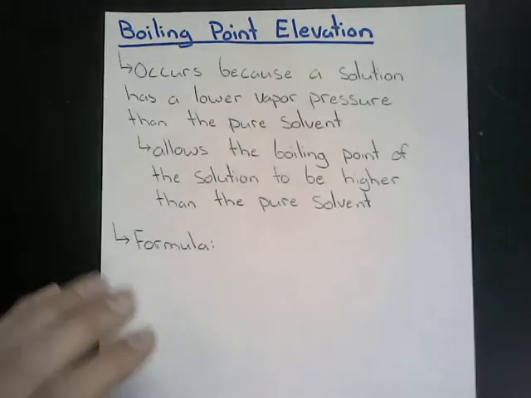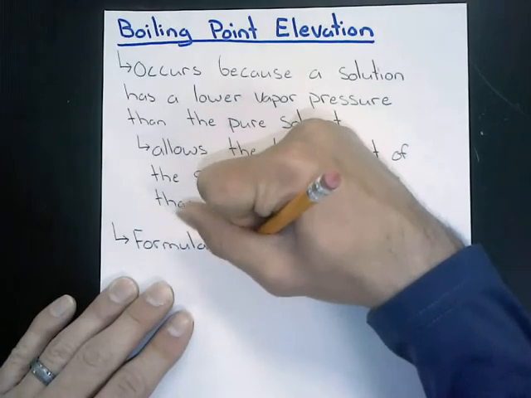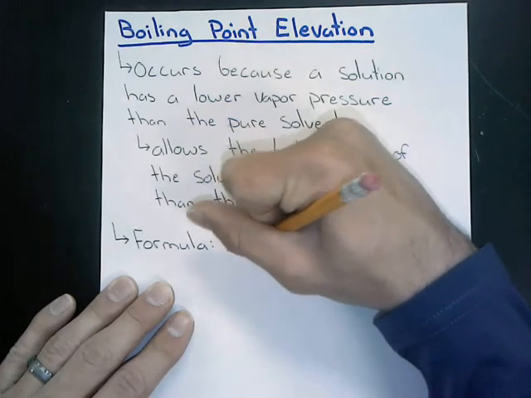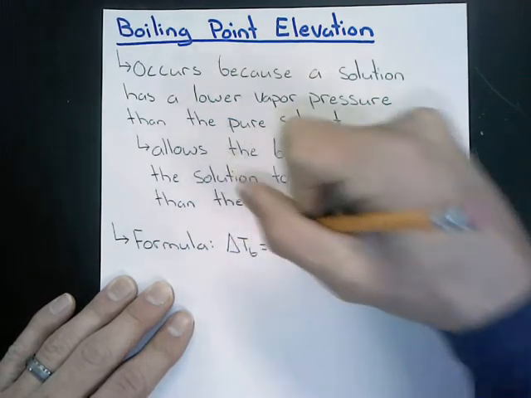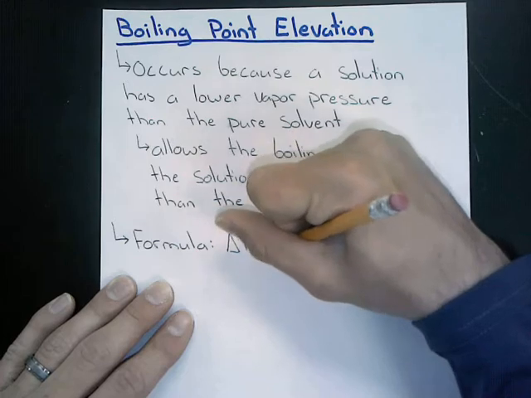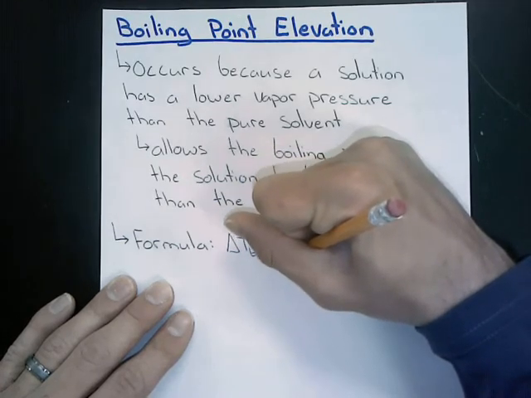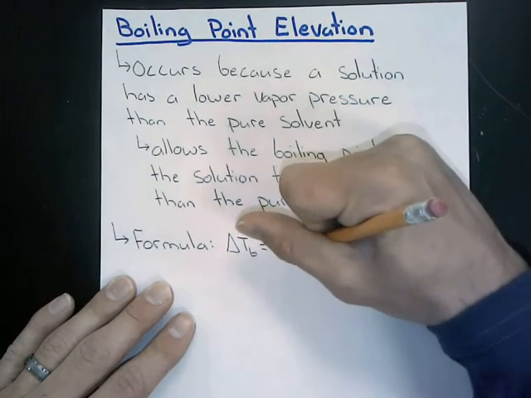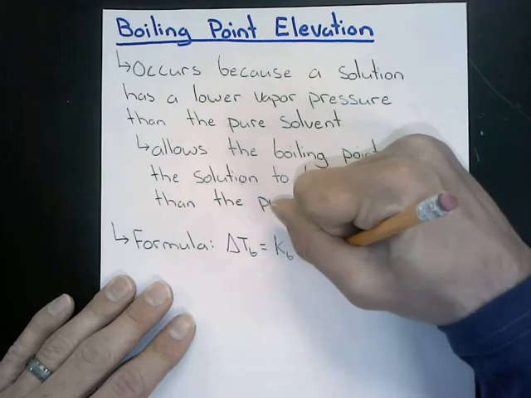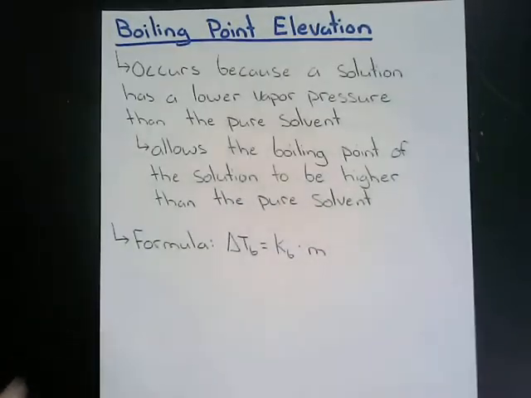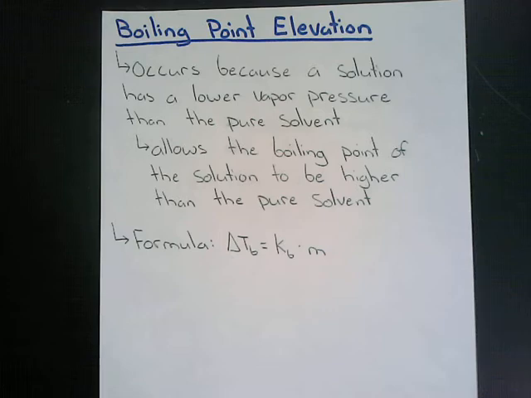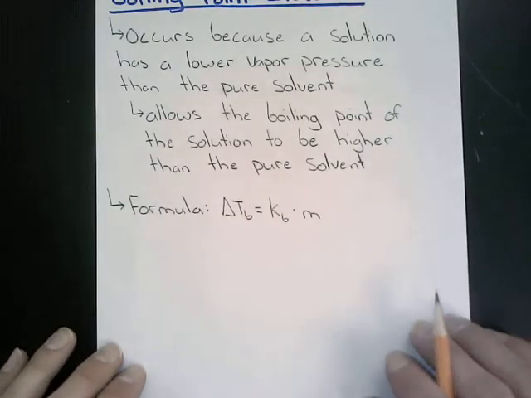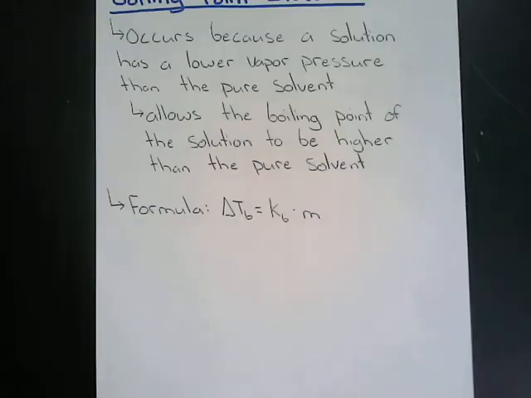That formula is delta TB, the change in boiling point, is equal to KB, the boiling point constant, times little m, which, remember from solution concentration, is molality. To go over each of these: delta TB is the change in boiling point temperature.